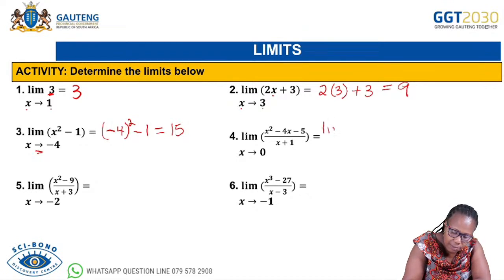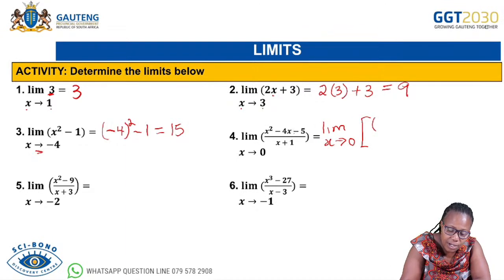My limit. That is the limit of x approaching 0. And then my factorization of a trinomial: factors of 5, when you subtract, give you minus 4. That will be x minus 5 and x plus 1. And then in the denominator we have x plus 1.